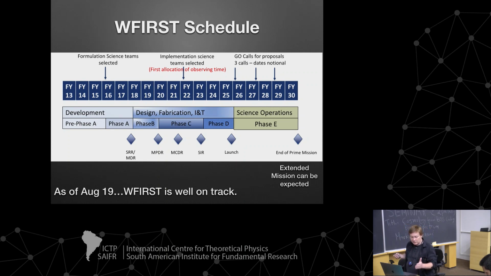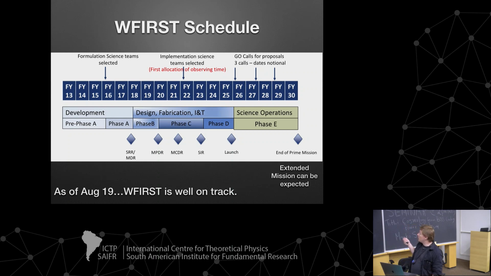WFIRST has to keep on track budget-wise. It has to stay within the 3.2 billion cost cap. If there is a projection that it might run over, they ask you to descope. In the last descope, the survey time was reduced a little bit and one instrument was taken out. But that's really not so critical. If the instrument works fine, they're going to extend the mission anyhow.